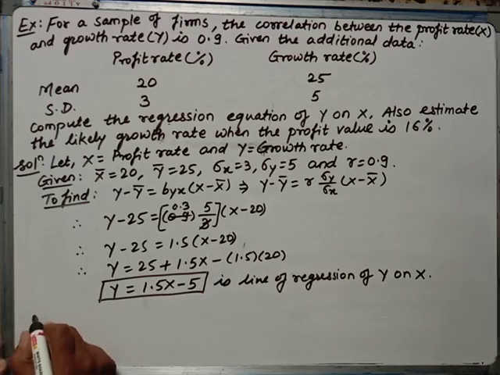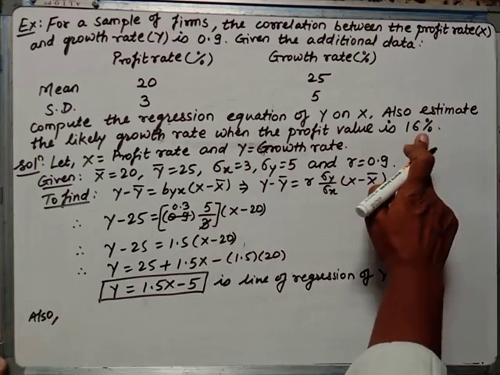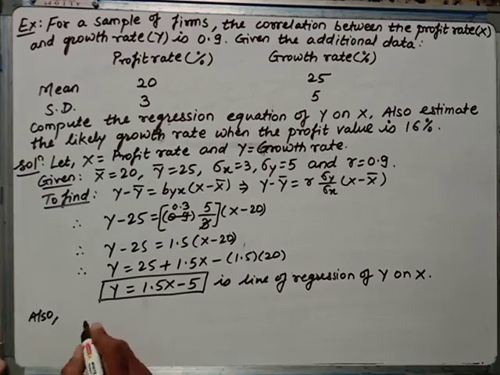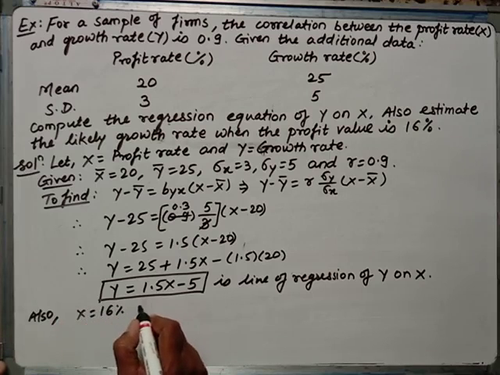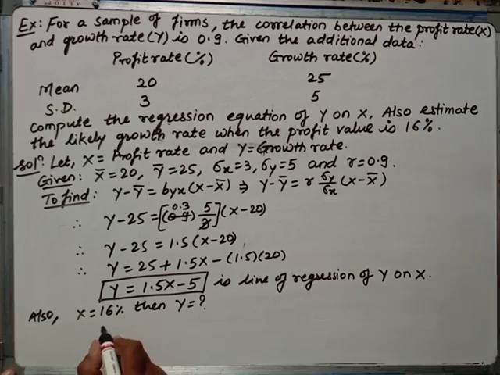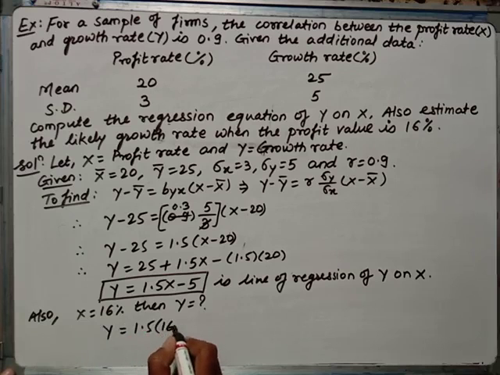Now here also we have to estimate when profit value is 16%. Profit value means x is given. So x is equal to 16%, then y is what? That one we have to determine. So y equal to 1.5 into 16 minus 5.